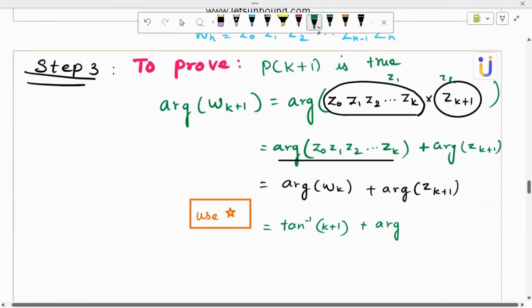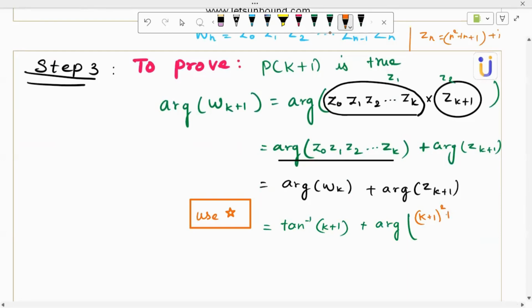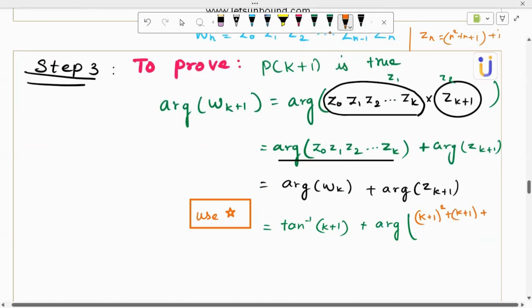So what is, first of all, Zk plus 1? Again, I'm just giving you the idea of Zn. How is Zn formed? It's n square plus n plus 1 plus i. So k plus 1 means, it's quite bigger, k plus 1 whole square plus k plus 1 plus 1, and then a plus sign i. This is the representation of Zk plus 1.